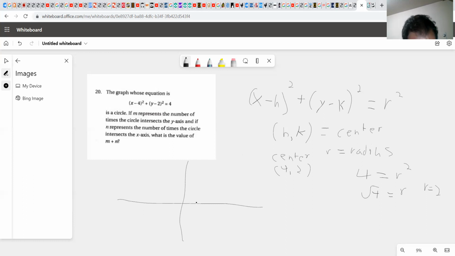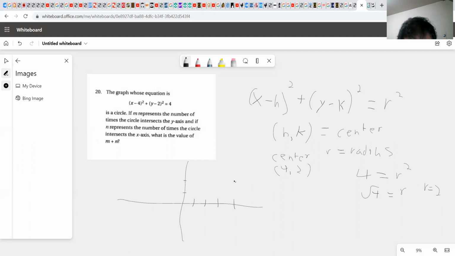So count 4 on the x: 1, 2, 3, 4. Then count 2 on the y: 1, 2. The center is right here. That's the center of the circle. From the center, the radius is 2.